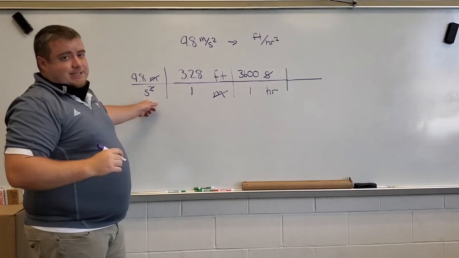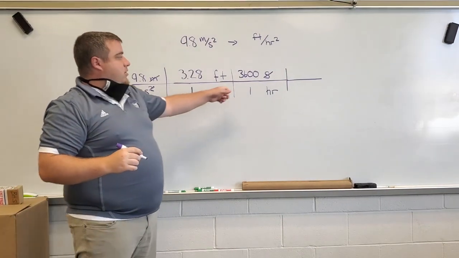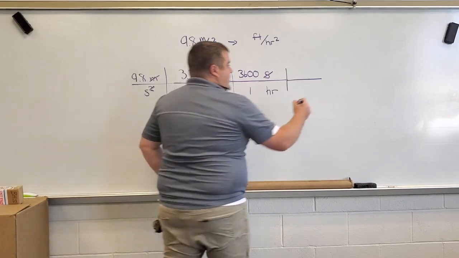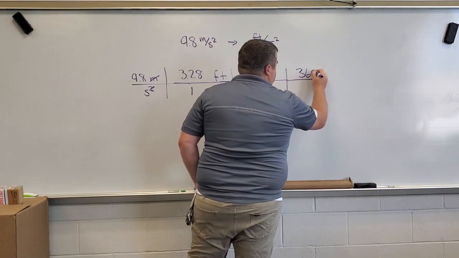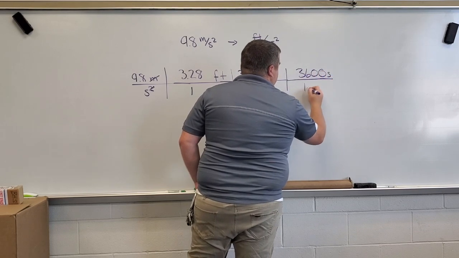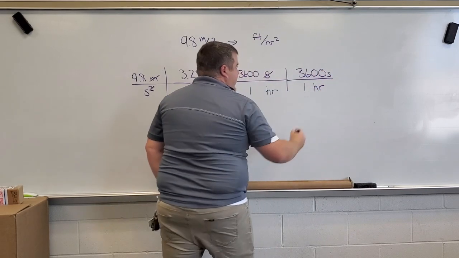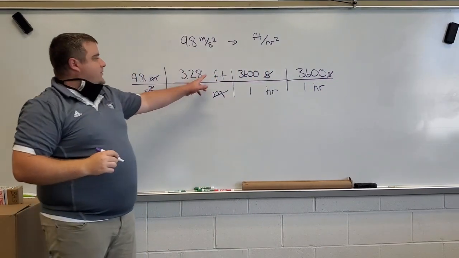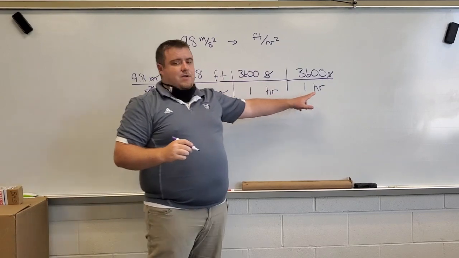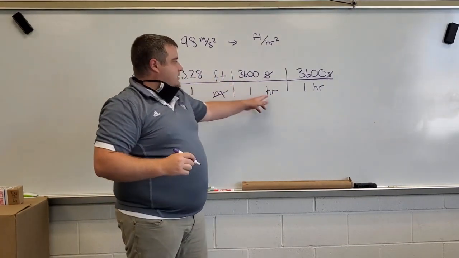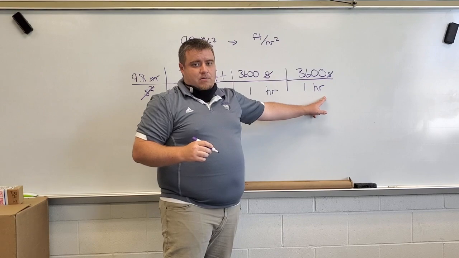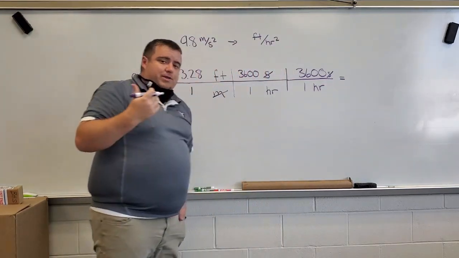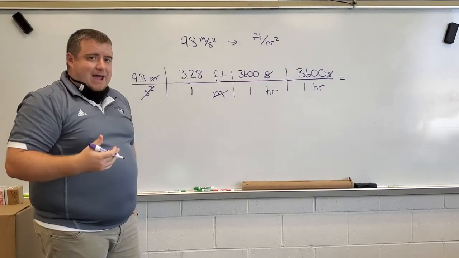I need to get rid of this seconds. So I'm going to throw in another conversion factor that looks exactly like this one. 3,600 seconds, 1 hour. That seconds cancels with this seconds. I'm left with feet divided by hour, or feet per hour squared. At this point, I have the units where I want them to be. All I need to do is the math.